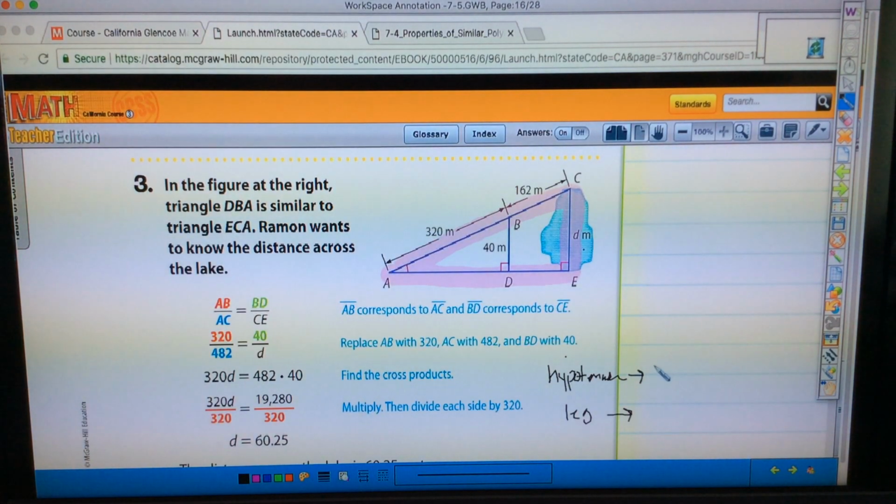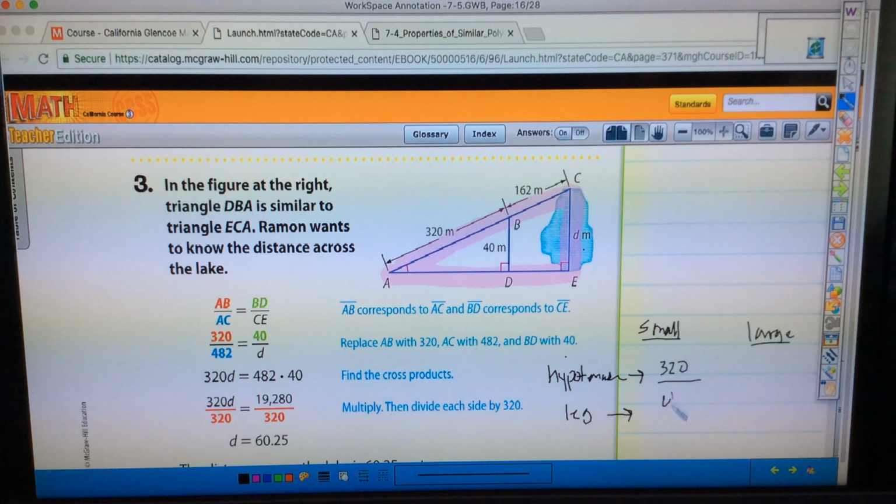And again, let's put small, the smaller triangle and the large triangle. Okay, so let's see here. Of the small triangle, I know that the hypotenuse is 320. And I know that the leg here is 40.